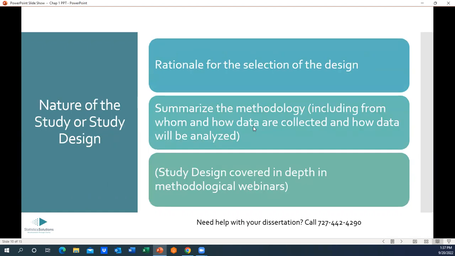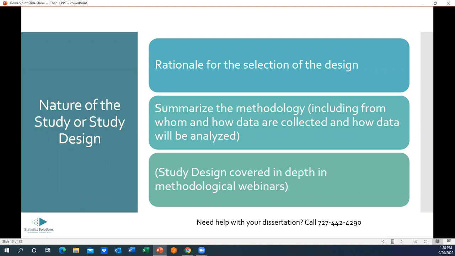Okay, nature of the study or study design. Again, this is a method section, so I'm not going to go into it too much. Usually in chapter 1, there's some kind of mention of the how, of how you're going to conduct your study, the methods. Again, you're going to have a whole chapter devoted to it that's going to be hyper specific.